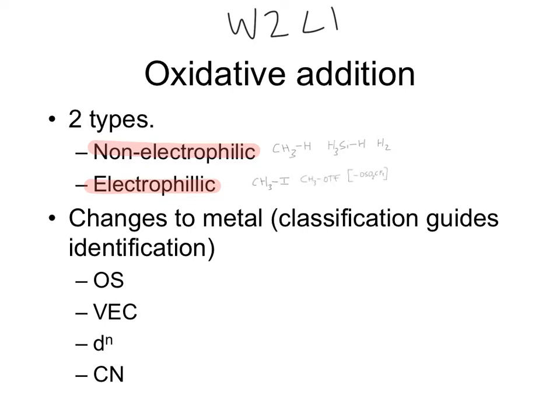We are going to study these chemical reactions using the CBC classification method and by using the oxidation state, or what we've been calling the valence number, and the valence electron count, the DN count, and the coordination number, or the ligand bond number. We will be able to classify these reactions.